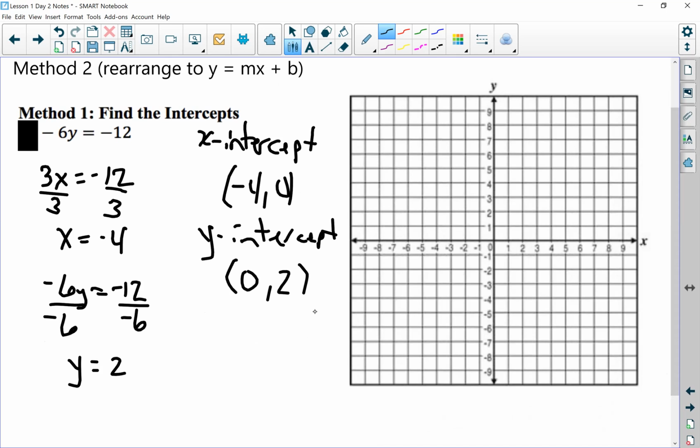So if I graph that, the point negative 4, 0, that's right here. And 0, 2, it's right here. And I'm going to draw a line.